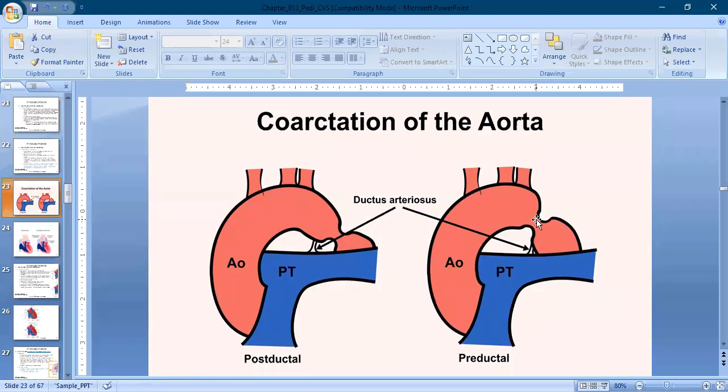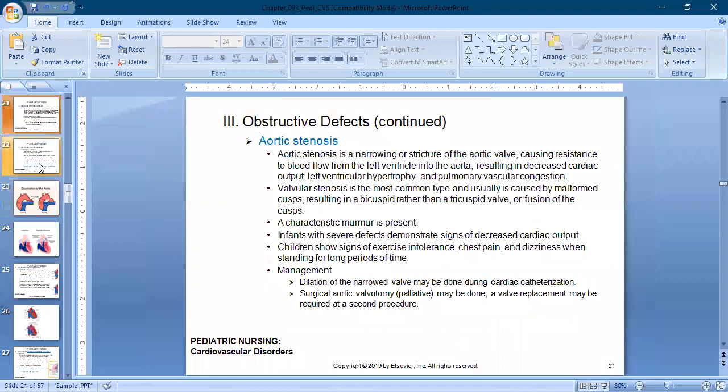And the key symptoms: the patient develops hypotension, decreased pulses, tachycardia, or exercise intolerance. For that type of problem, we give the treatment called balloon dilatation or valvotomy. So let's go and read it here.